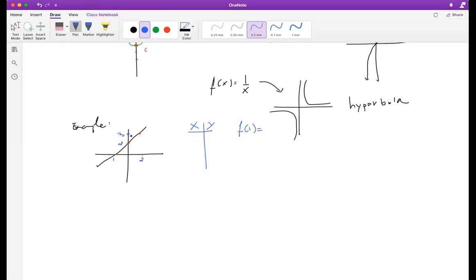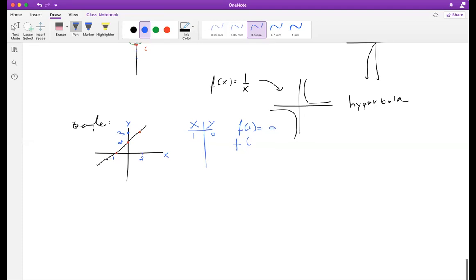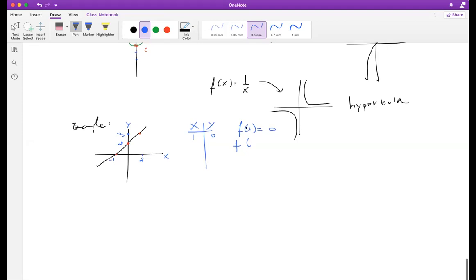So you drop it on the y-axis. This is the y-axis, this is the x. So the x is 1, and the y, you drop it horizontally onto the y-axis, you get 0. So we say 1 and 0. What is f of... Shouldn't it be -1? Exactly. Yes. That's right.